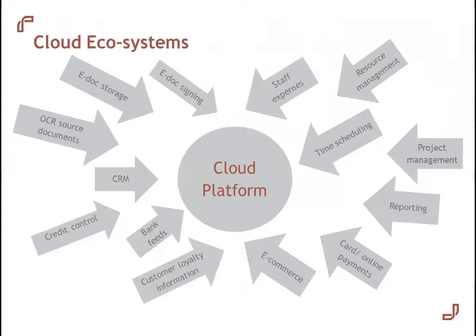So this involves choosing an accounting platform to be at the center of your ecosystem, and then directly linking in additional applications through APIs in order to collate, process, and monitor the more complex parts of your accounting process. You'll see from the diagram that this covers all areas of finance, but also beyond. This could be anything such as online payments, e-document storage, or customer relationship management as well.